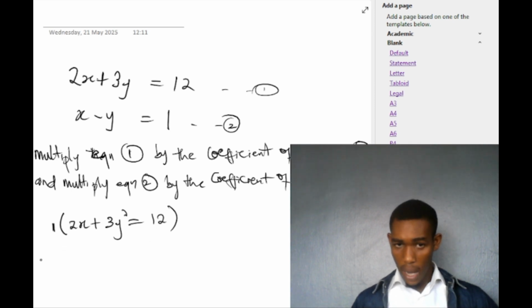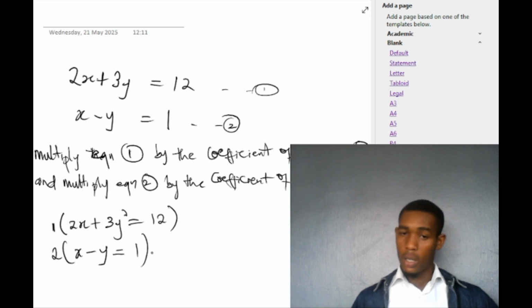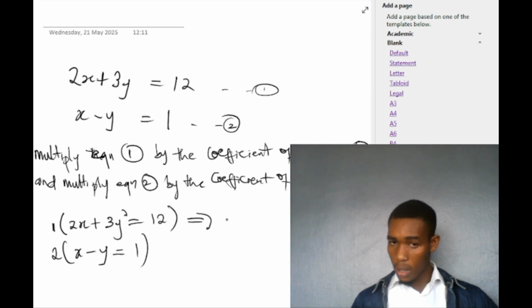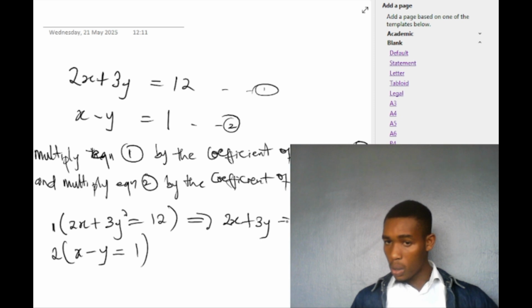And then the other one, the coefficient of x in equation 1, that's 2, multiplying x minus y equal to 1. So this gives us 2x plus 3y equal to 12, nothing changes, and this gives us 2x minus 2y equal to 2.